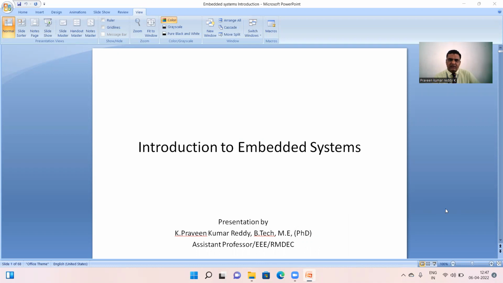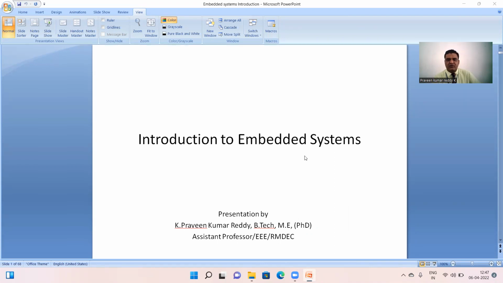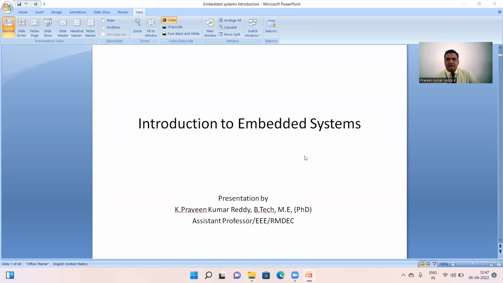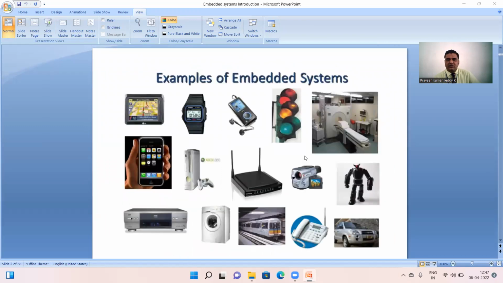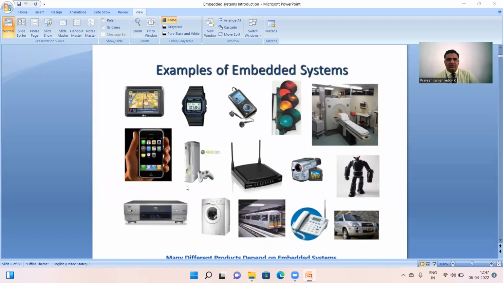Today, I just want to give you a brief introduction to embedded systems and their classification. So what is an embedded system? If we see on the screen, there are a lot of electronic systems which we use in our everyday life.